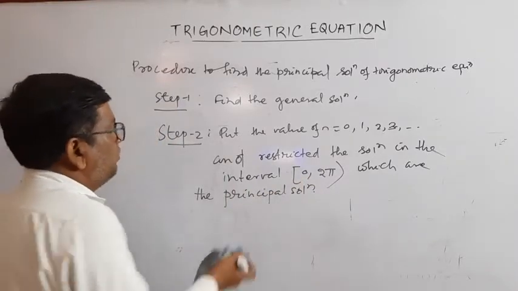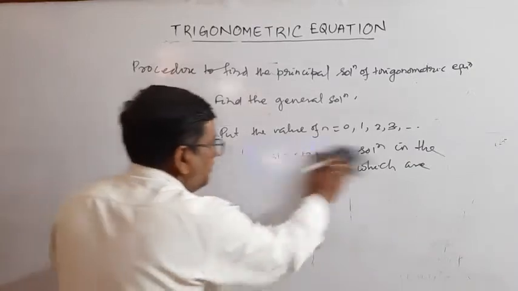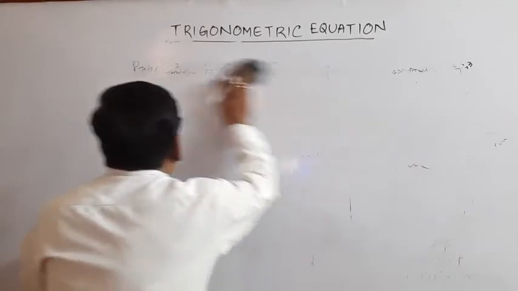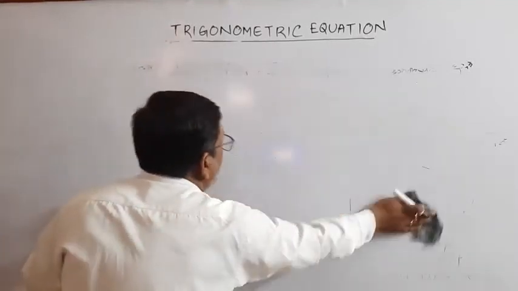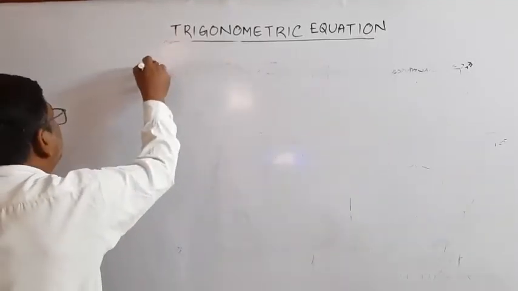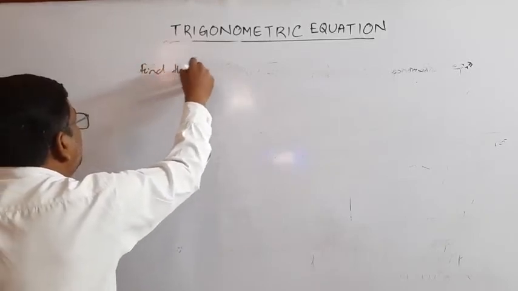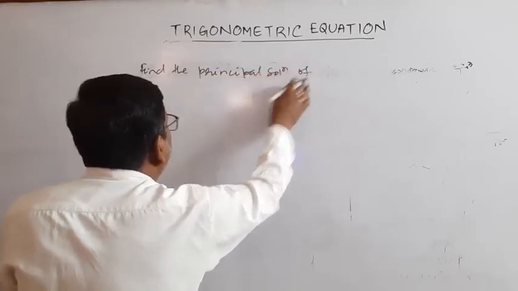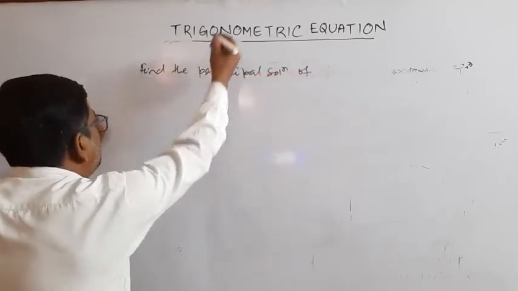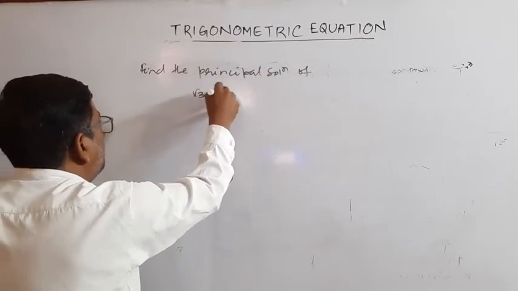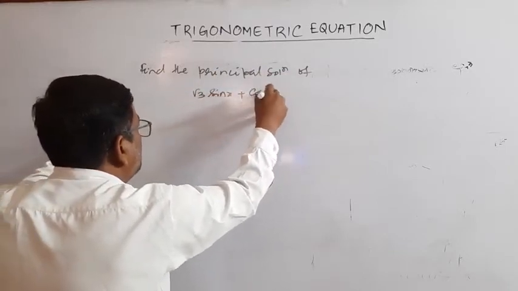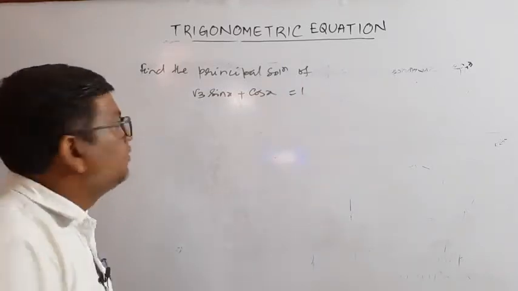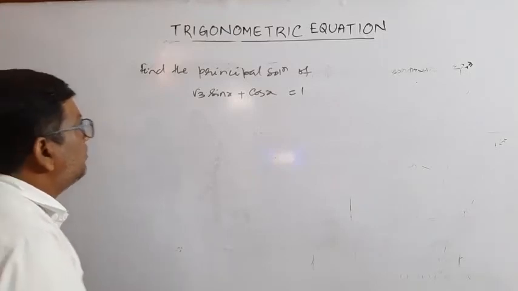Now example. Find the principal solution of root 3 sin x plus cos x is equal to 1.